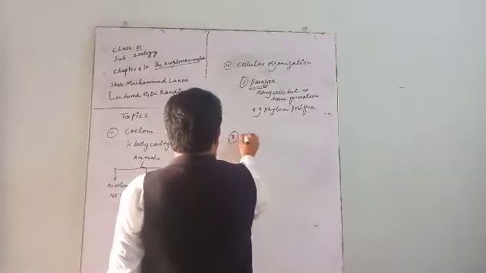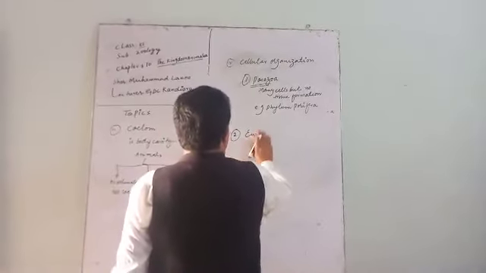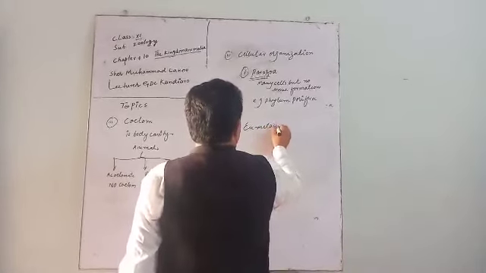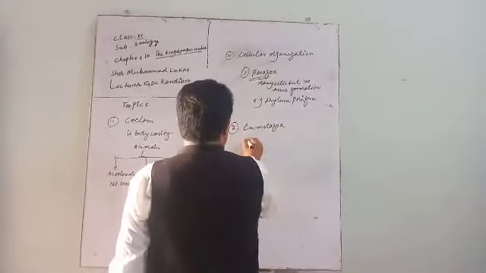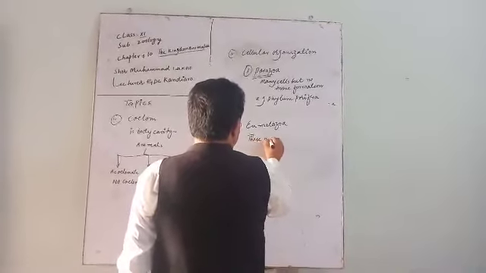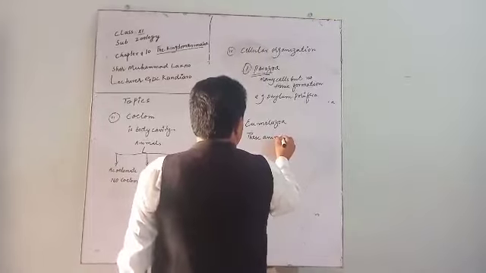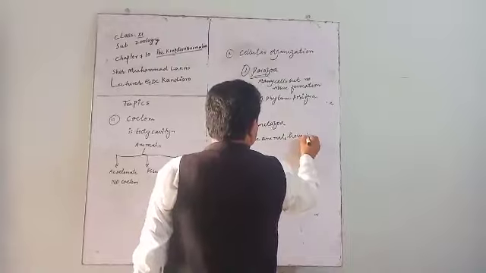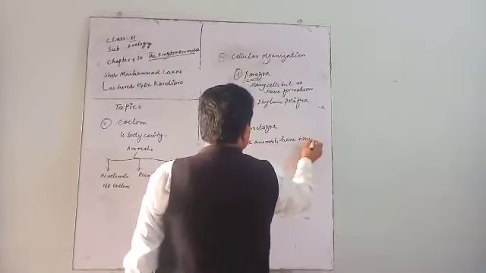Number 2, Eumetazoa. They have tissue formation. These animals have tissue organization.